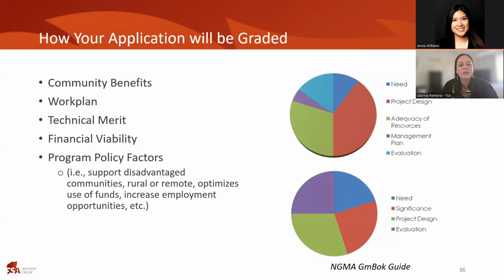Maybe we're increasing employment opportunities. They're going to look at different factors. Each notice of funding opportunity will give certain percentages for certain criteria. So you may get 50% worth of points just based on project design. You might get 50 based on the need you're addressing. So really paying attention to how your application will be graded.